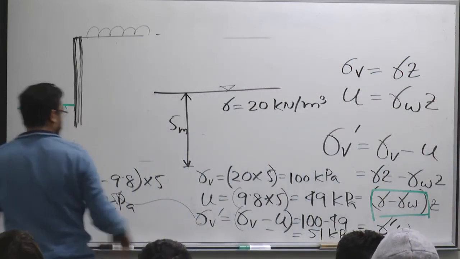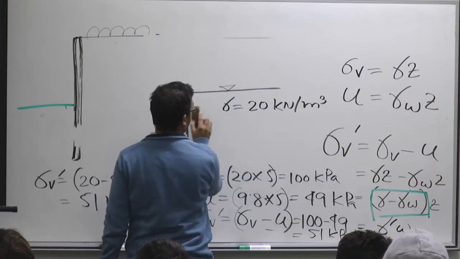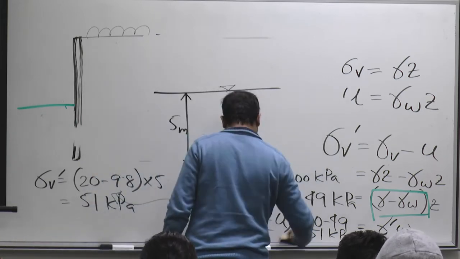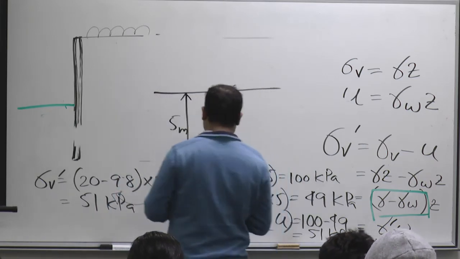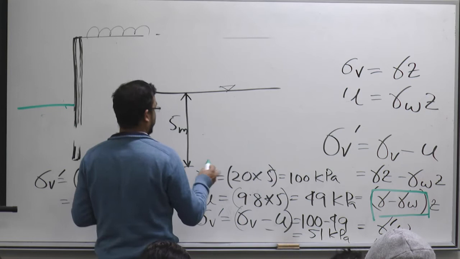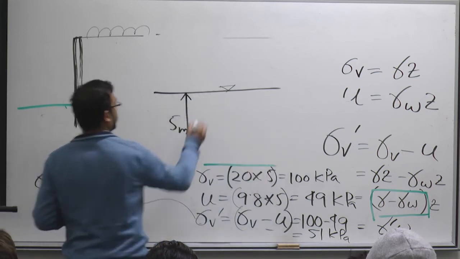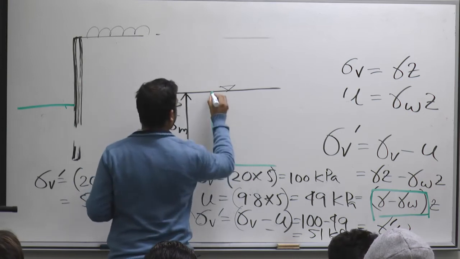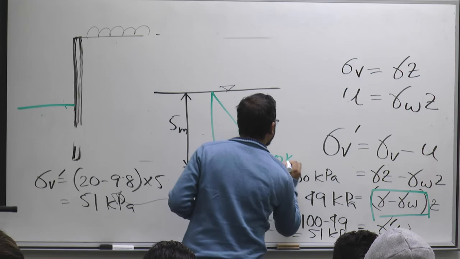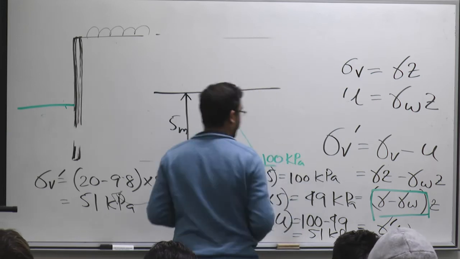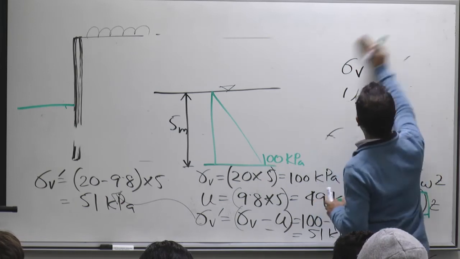Now, in terms of pressure diagram, what does it mean? That you also need to know. So, let's say if I draw the pressure diagram in terms of total stress. So, total stress, this one goes up to 100. Let's say we do not need these anymore.